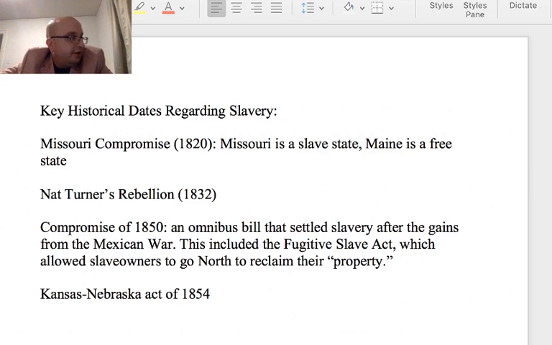We had an ineffective president named James Buchanan just before Lincoln, who refused to do anything about the issue at all. But by the time we got to 1860, everything had come to a boiling point. Of course, we had John Brown's raid of Harper's Ferry, where he raided Harper's Ferry, trying to arm the slaves.